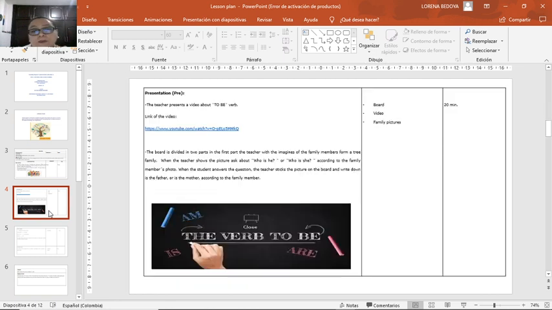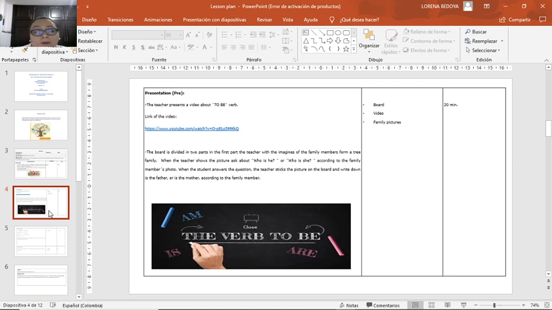The presentation. The teacher presents a video about the verb to be. I bring the link there. And after that, on the board, the teacher divides the board into parts. In the first part, the teacher puts the image of the family members, like a tree. When the teacher shows the pictures, for each family member picture, she asks who is he or who is she.